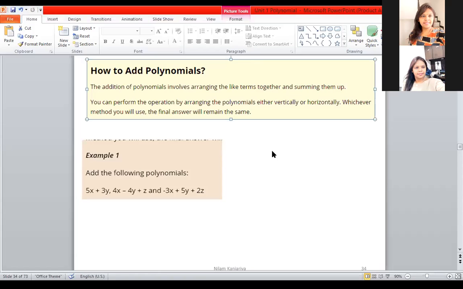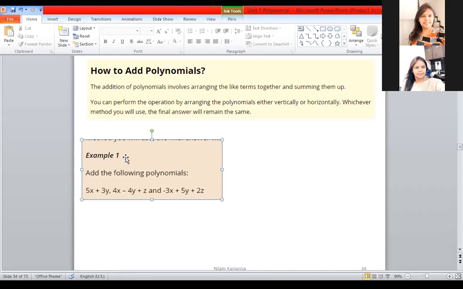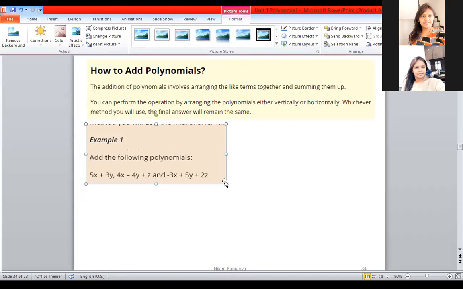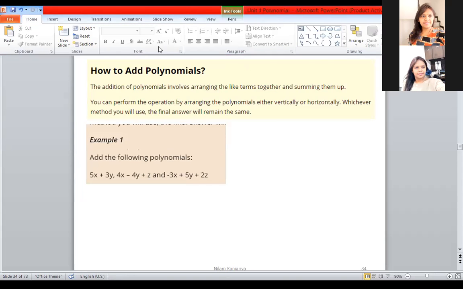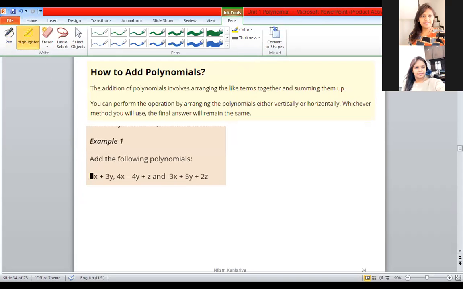Addition just means following the numerical and algebraic quantities. So students, how will we add these two? I think your tutorial has already covered this, so it will be easy for you. How could we add two polynomials? Just put a plus between all the terms. Look at your screen: here are the three terms, this is the first one, and all the terms are connected with a comma. I want to add these three polynomials, and your answer will be: first of all, put the plus sign between all of these, that is 5x plus 3y.